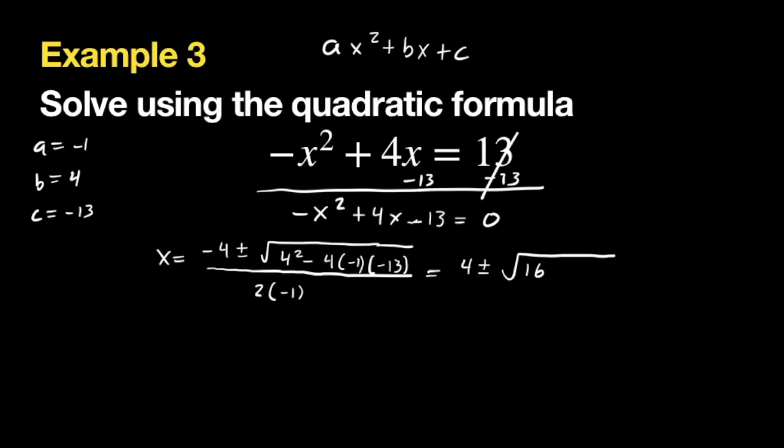Then we need to multiply -4 times -1 times -13. -4 times -1 gives us +4. +4 times -13 is going to give us -52. And everything is going to be divided by -2.